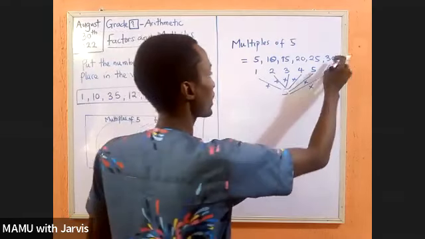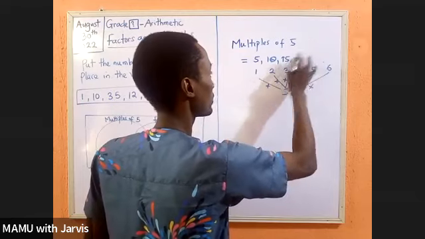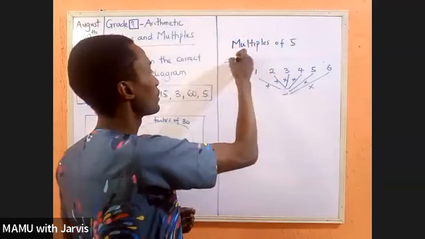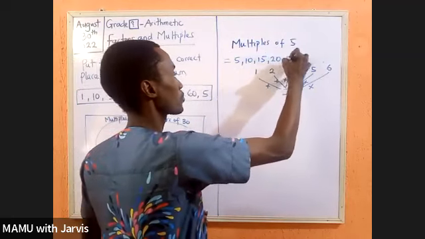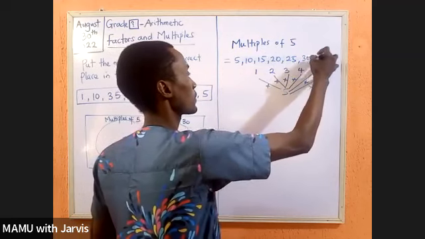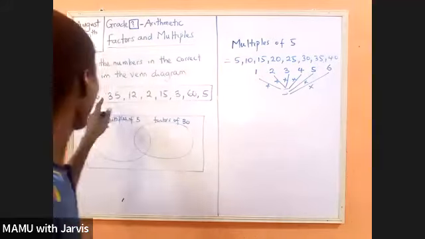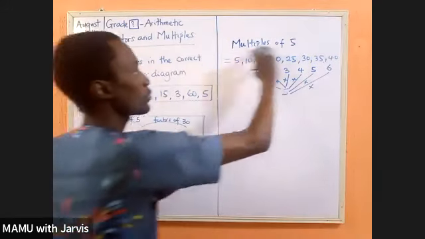Let's clean that. Let's have a number of them. 5, 10, 15, 20, 25, 30, 35, 40. I'll stop at 40 because the highest number I can see is 35. Now, these are the multiples of 5.